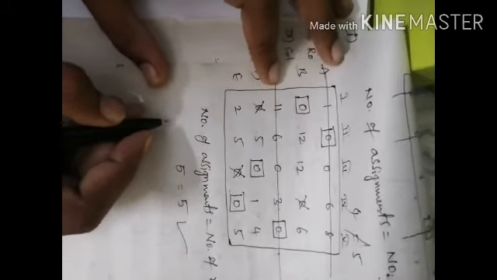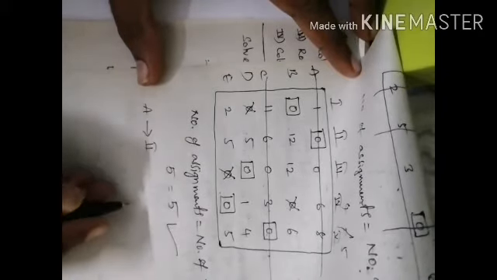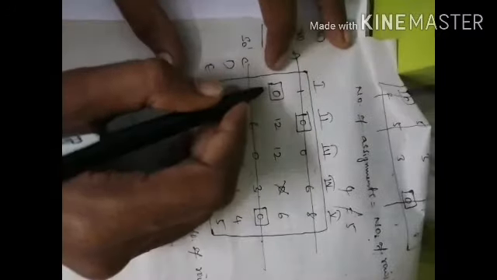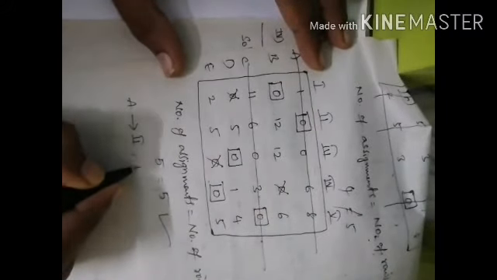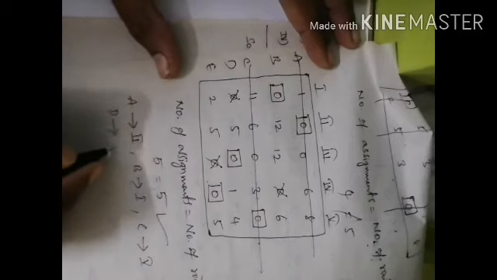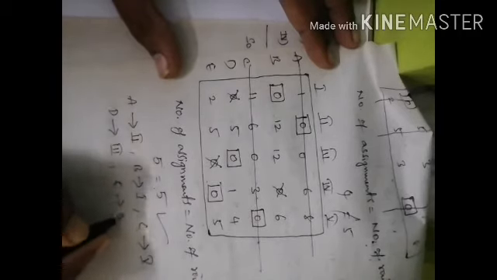A is assigned to 2, B is assigned to 1, C to 5, D to 3, and E to 4.